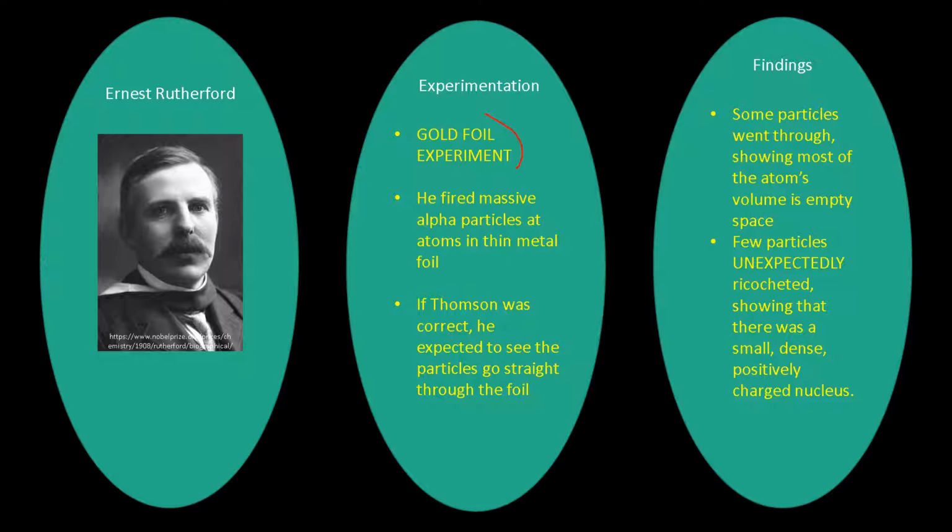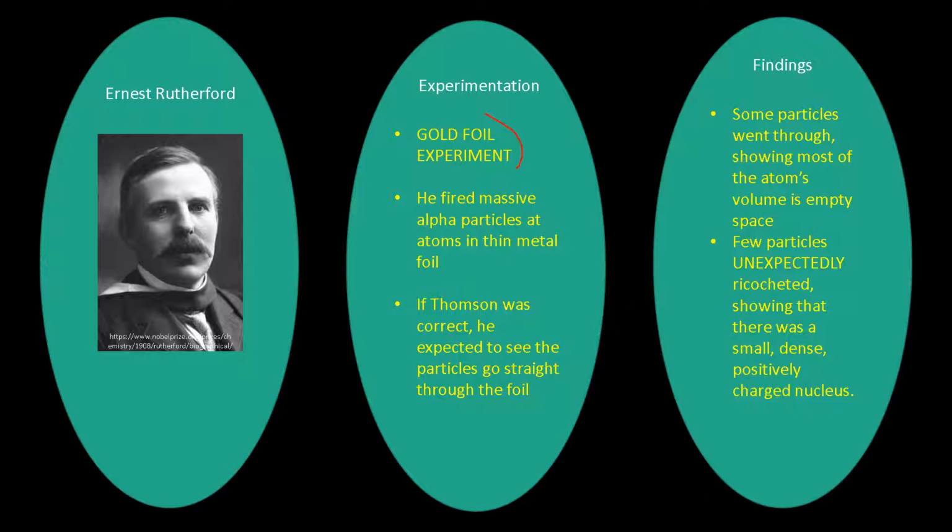So if Thomson was correct, he would expect particles to just run straight through the particles, sort of like bullets. He discovered that although some particles went through, showing most of the atom's volume is empty space, few particles unexpectedly ricocheted, showing that there was a small, dense, positively charged nucleus.